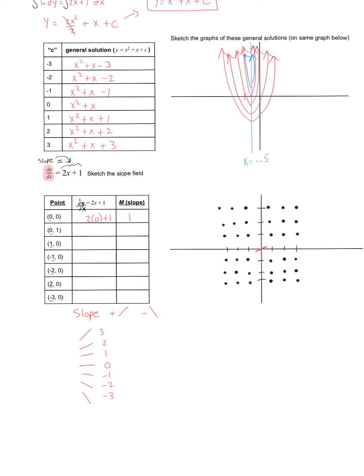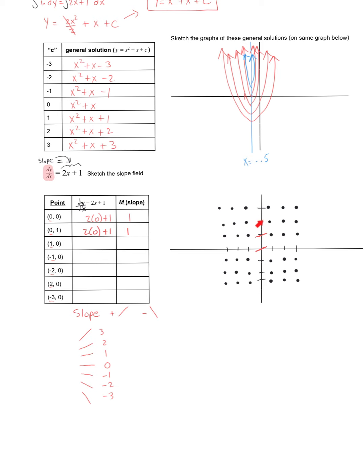Okay, so now we go to the next point. I plug in my x. It's going to be the same. 2 times my x of 0 plus 1 gives me a slope of 1. So you can see at this point here at 0, 1, my slope is 1. So I just put in a little tiny slope. Now, because in this equation I'm only plugging in my x, whenever x is the same along that column, they're all going to be the same.